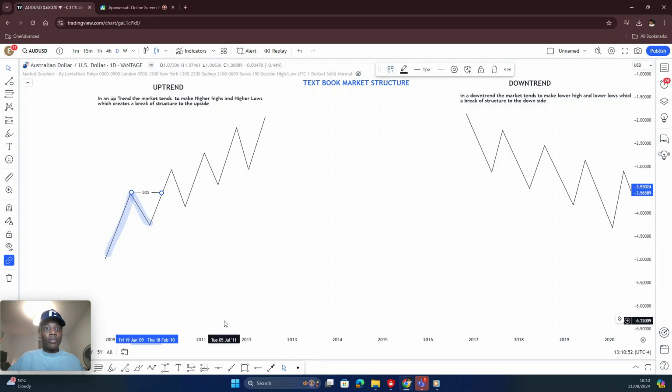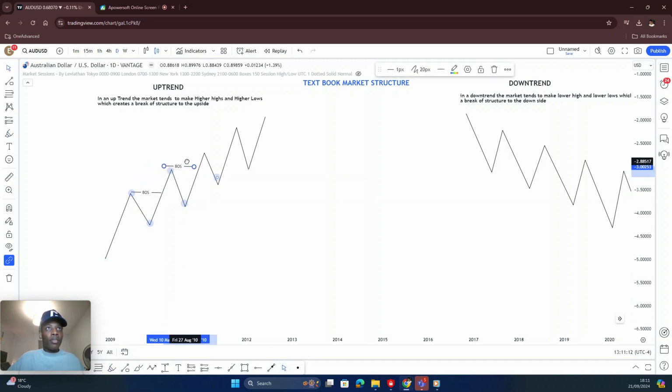Actually, let me not even draw this, just to make it simple. So this is your higher high, higher low, break of structure onto the upside, higher high, higher low.